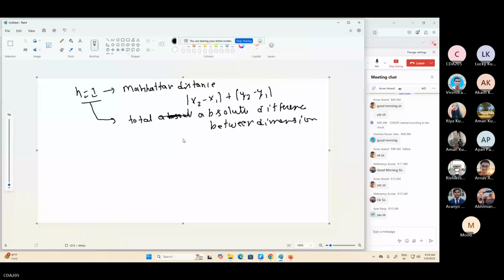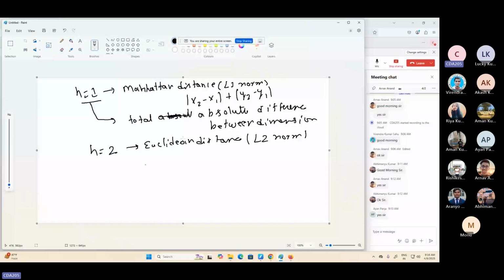Okay. And another one, we are taking h is equal to 2. What is this? This is also called the L1 norm. Okay, remember it. When we are talking about this, what is this? This is Euclidean distance, which is also known as the L2 norm. In this, what we are doing?